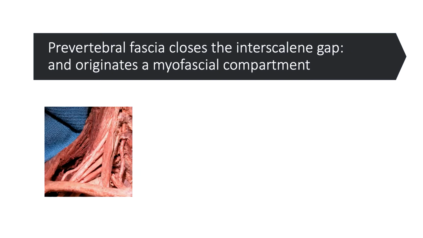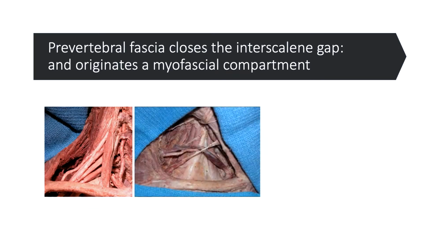Now, to make the story complete, we have a space formed between two muscles, and that gap is closed superficially by a fascia that surrounds the neck and is called the prevertebral fascia. It's very sturdy, and you can see in this dissection, I think these were the same cadavers, but nonetheless, here you can see how there is a shiny fiber structure that you have to remove in order to see this.